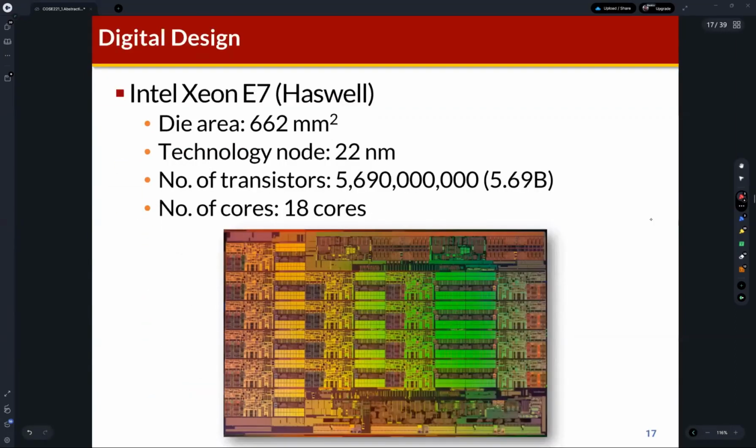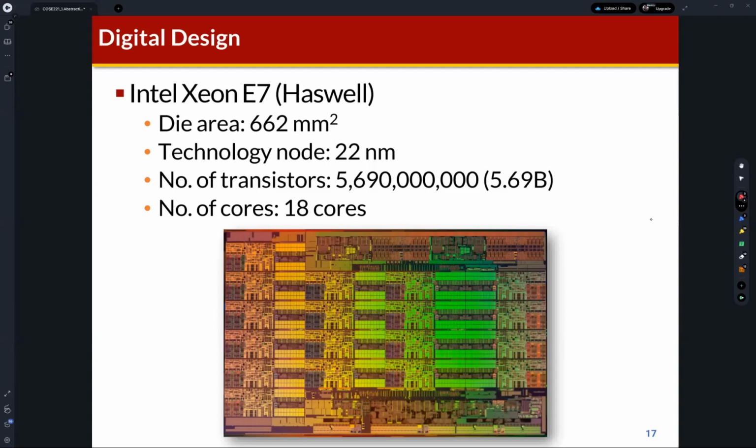So the die area is 662 square millimeters, and also you can find the technology node, 22 nanometer. I mentioned that recently we are using under 10 nanometer technology. Samsung or TSMC are using 5 nanometer technology, and Intel recently struggled with developing various enhanced technology.